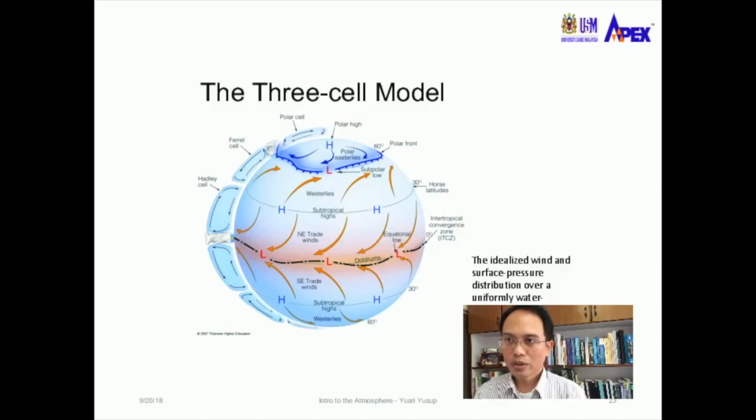Using the northern hemisphere example, we see there are winds that move to the left, to the west. That means they're easterly winds, and then somewhere at 30 degrees latitude there are the westerly winds, and then above the 60 degrees latitude there are the easterly winds again, and this is mirrored by the southern hemisphere. So in the middle of the equator there's the intertropical convergence zone because of the easterly winds that converge into the equator.